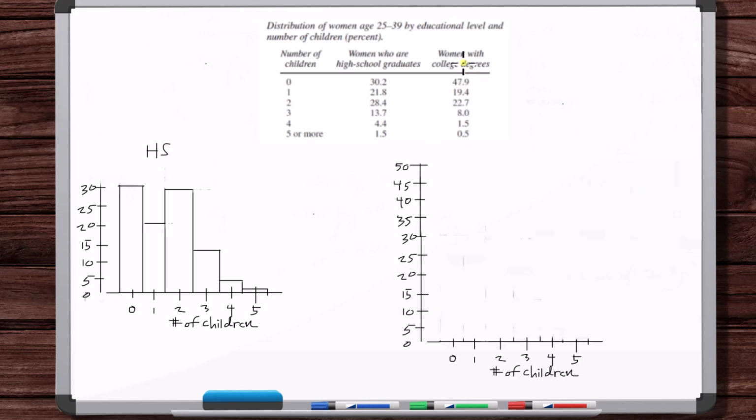Okay, for women with college degrees, the 0 block is 47.9. The 1 block is 19.4. The 2 block is 22.7.